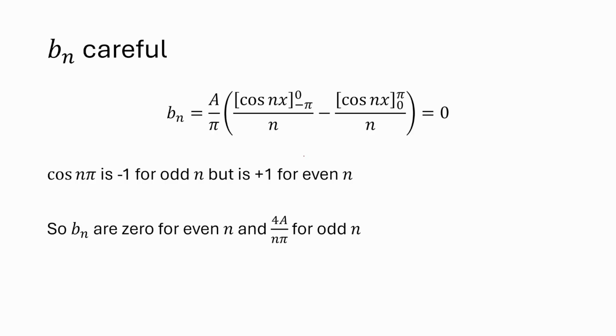For even n's, everything cancels out. For odd n's, they don't cancel, they actually reinforce each other. And so you get a plus a plus a plus a in the numerator when n is odd. And then that pi n is still hanging out there in the denominator.